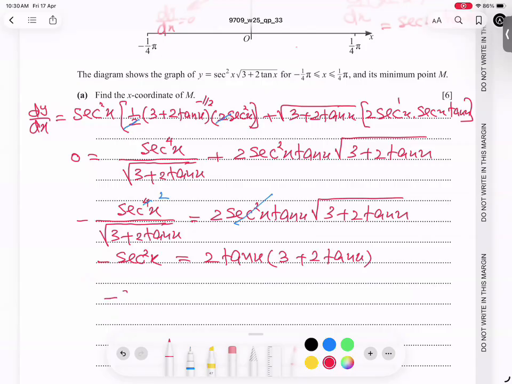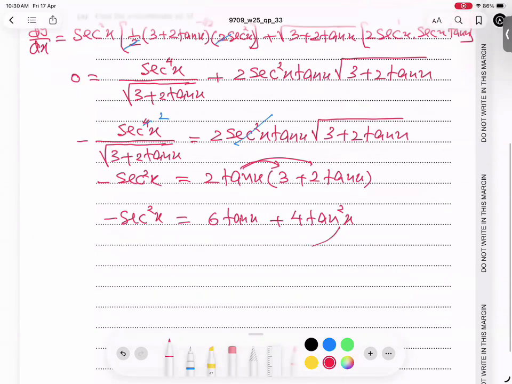So negative secant square x. Multiplying inside the bracket with both, I get 6 tan x and plus 4 tan square. So we have two values of tan and one secant. The best idea: don't convert these values, convert this value only. If you recall, we have the formula 1 plus tan square is equal to secant square.